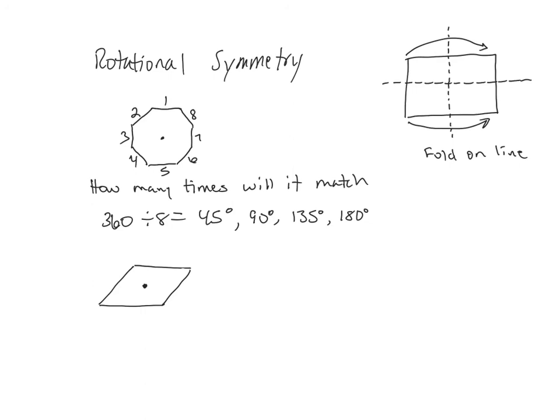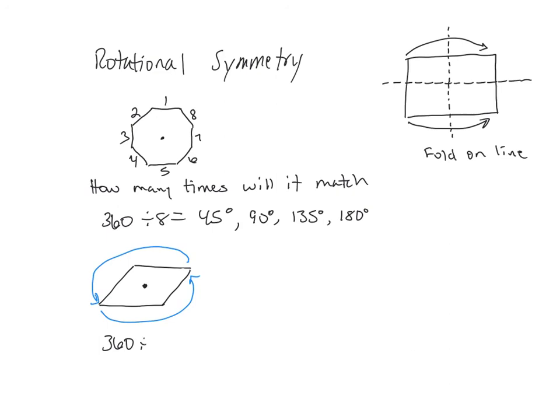So for this one, if I spin it, where's it going to match? As I spin it, when this corner gets over here, it will match. And then if I keep spinning it, it'll match again when we get back to the beginning. So how many times will it match?